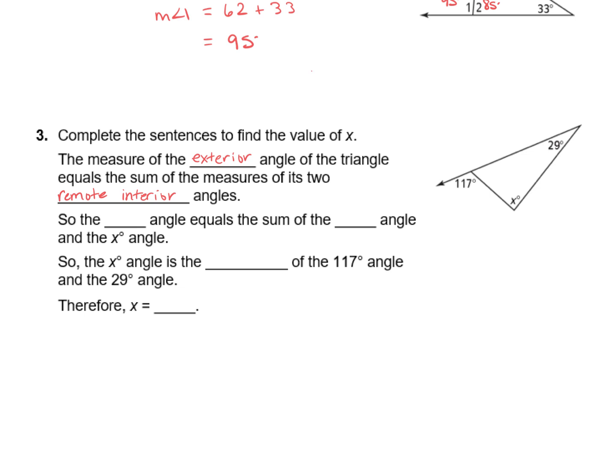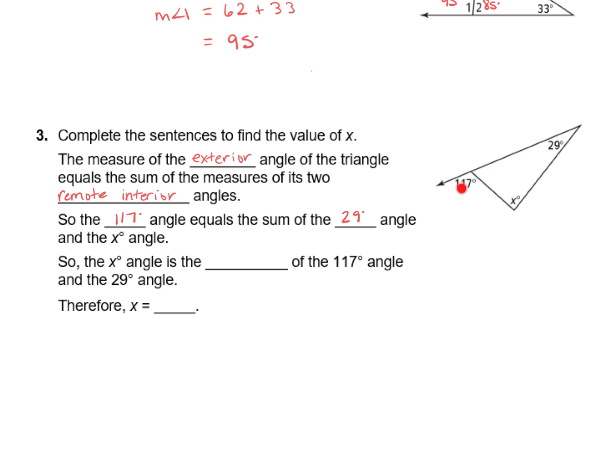So our exterior angle is 117 degrees. So the 117 degree angle equals the sum of the 29 degree angle and the x degree angle.